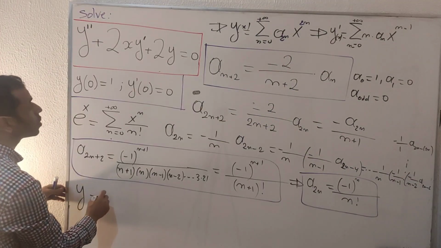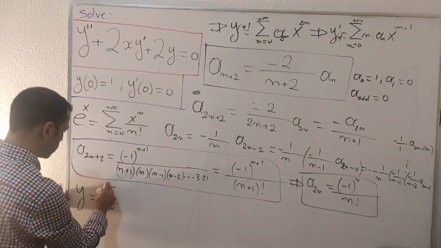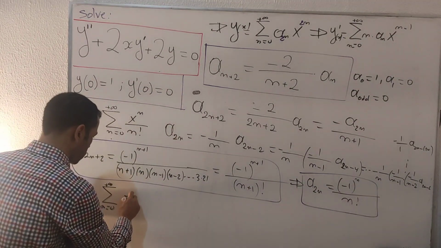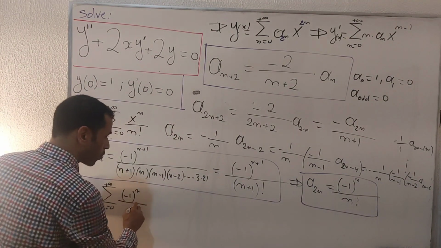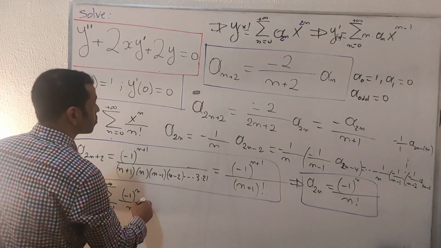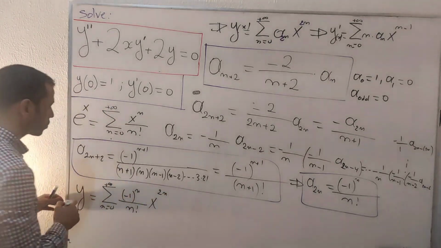I'm simply going to replace this into the series. Y equals the sum, as n goes from 0 to plus infinity, of minus 1 to the n over n factorial, multiplied by x to the 2n.